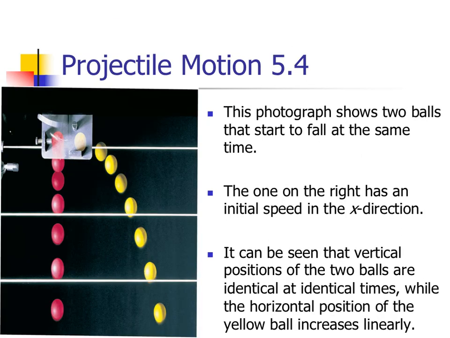So another slow motion picture, like this one here, shows us that an object that is projected horizontally does fall at the same rate. The red ball drops vertically. The yellow ball is shot out horizontally, and yet they still fall at the same rate.